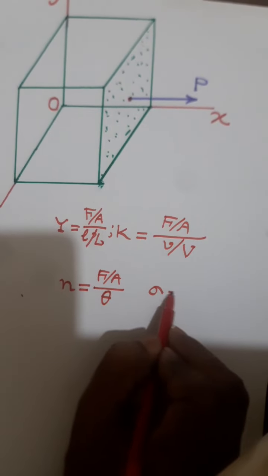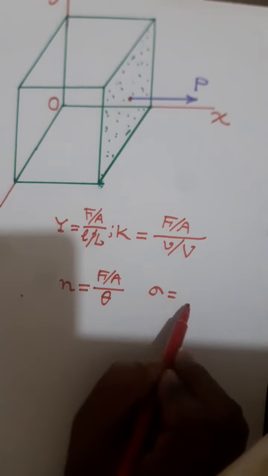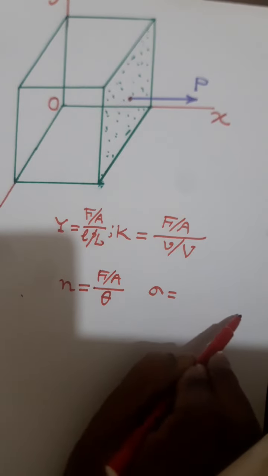Poisson's ratio sigma is equal to lateral strain divided by longitudinal strain.